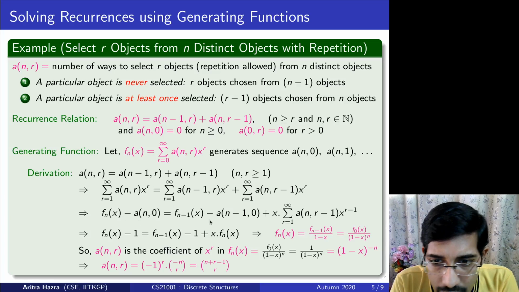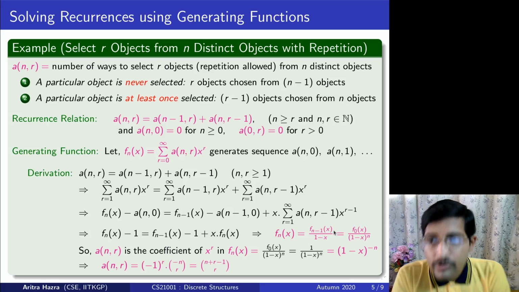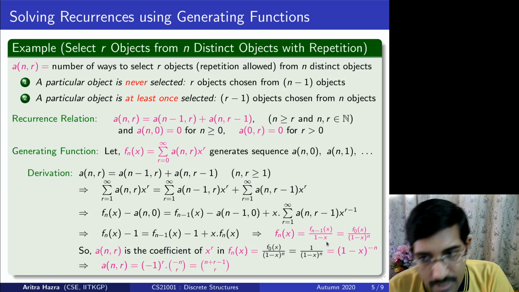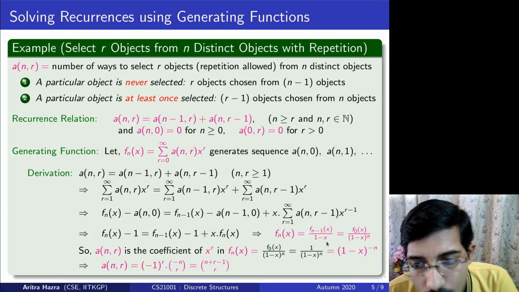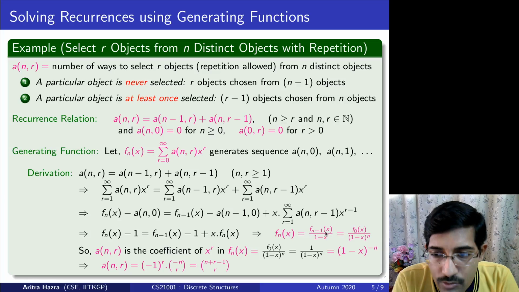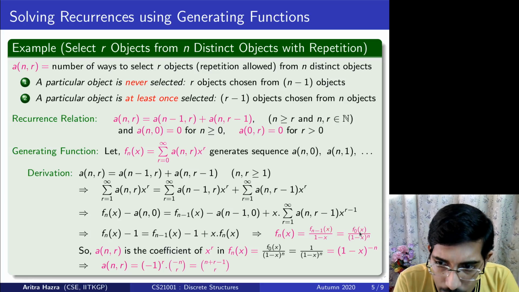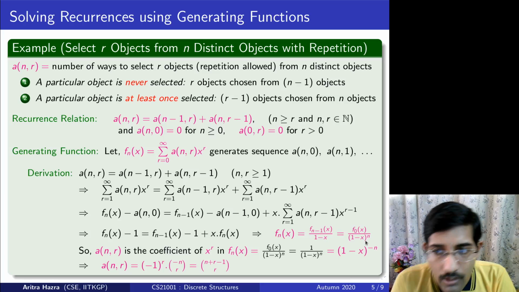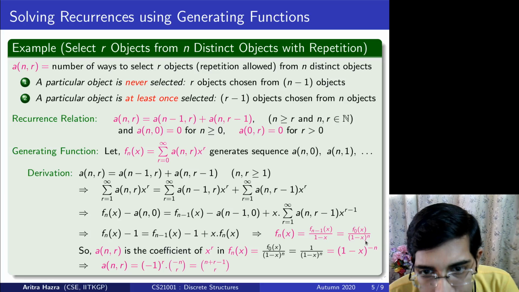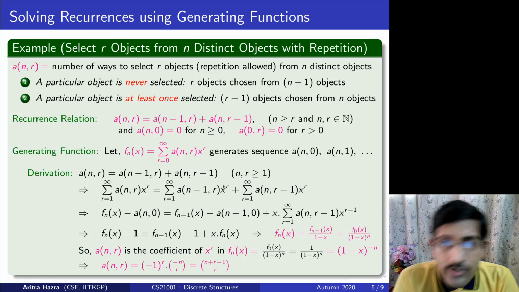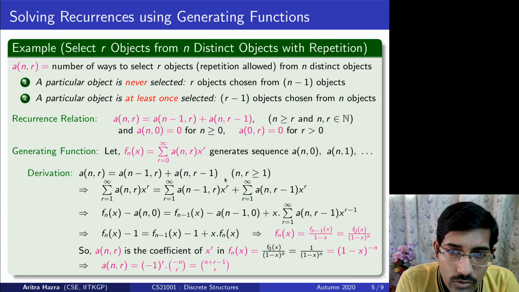When I try to formulate that, I get an expression which is f_n(x) equal to f_{n-1}(x) by 1 minus x. So if I go by the geometric progression in this way and expand it, it will be f_0(x) by (1 minus x) to the power n. Now what is f_0(x)? It is the case where n is 0, so it is 1.